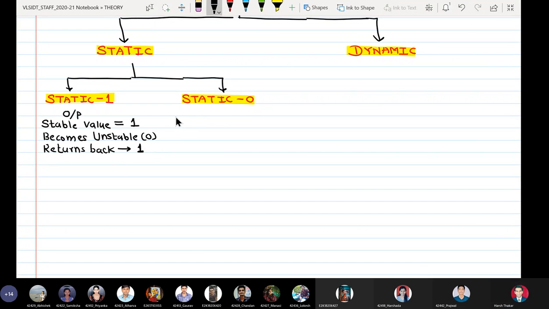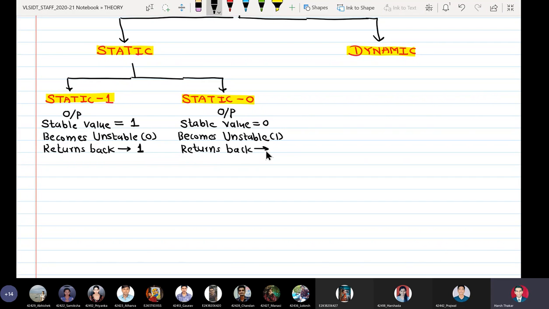Okay, similarly, we can define static 0 as the output stable value is 0, becomes unstable, that is 1, returns back to 0.